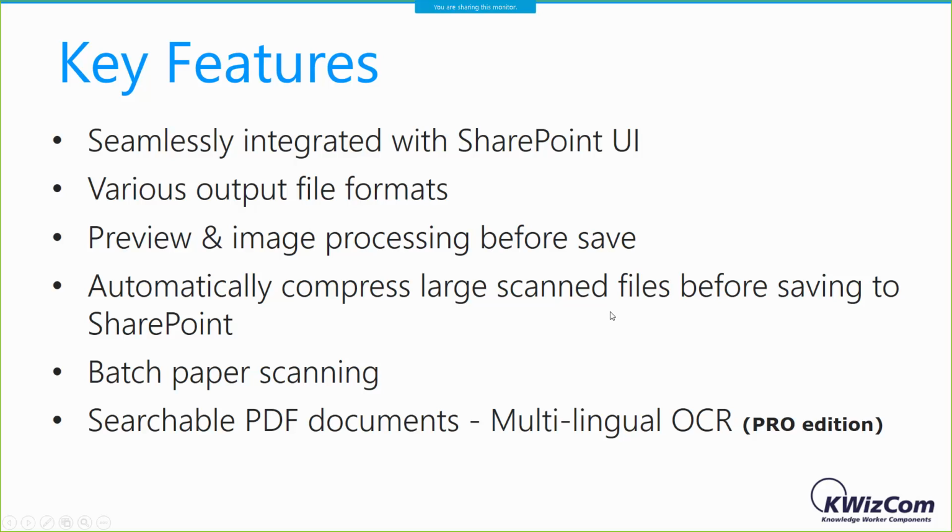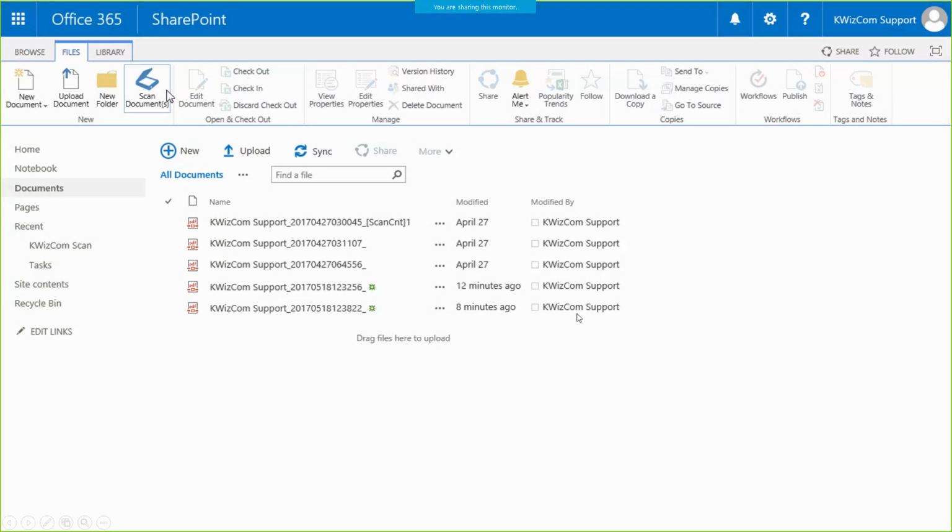And I'm going to take you on a quick tour to show you how it looks. So once you have the KWIZ Scan installed on your site, you have this scan document, or in a list you can scan attachment ribbon button.